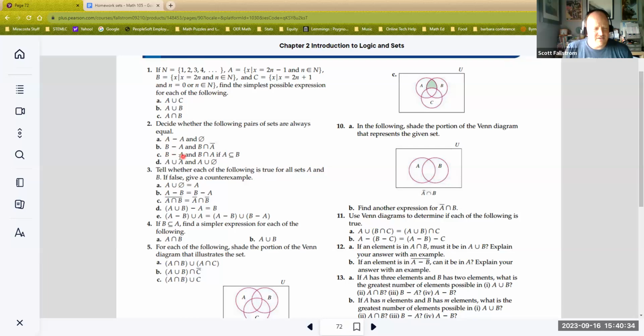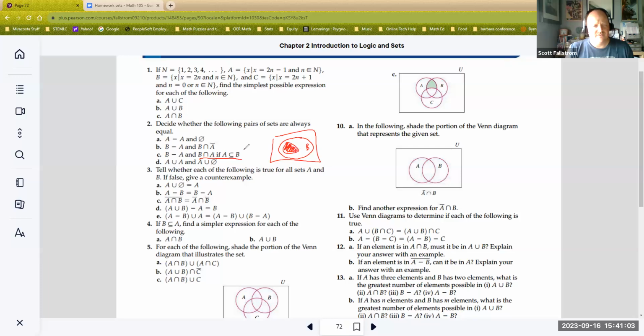B set difference A would be take B, remove everything that's in A. Okay, so I can picture that. Now take B intersect A if A is a subset of B. Maybe I even want to draw a picture for that one. If A is a subset of B, that means it's completely contained inside of B, and the intersection of A and B would just be everything here.